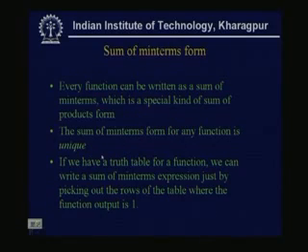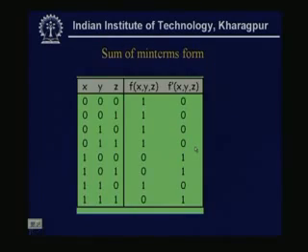If we have a truth table for a function, we can write a sum of minterm expression just by picking out the rows of the table where the function output is 1. See, this is one example. These are the minterms, with all possible values taken. This is the truth table x, y, z, and these are the outputs. There are two outputs, the function f and f complement also.